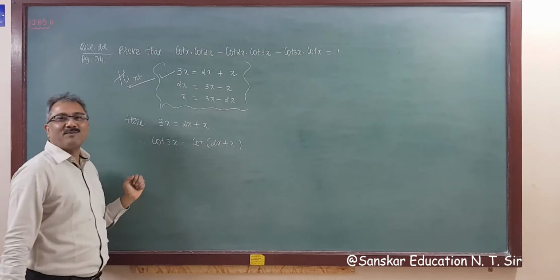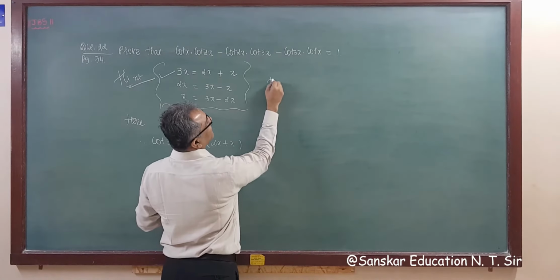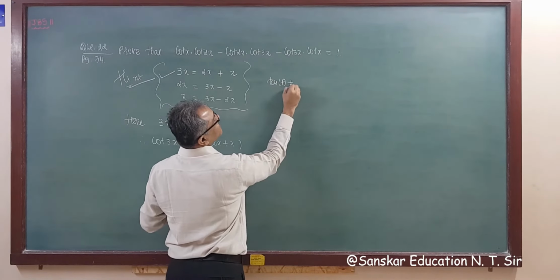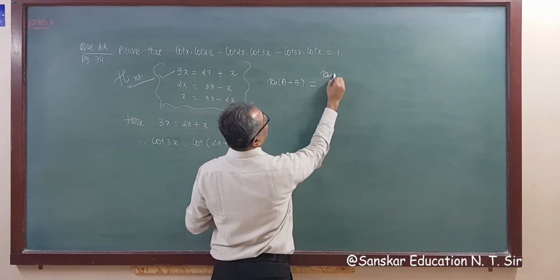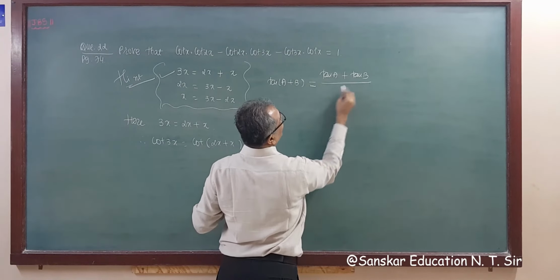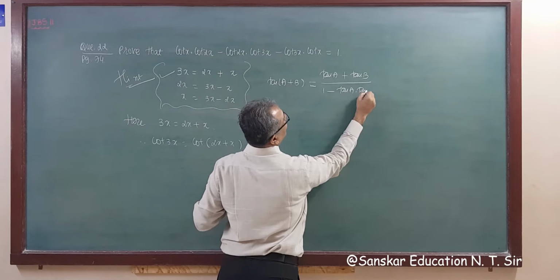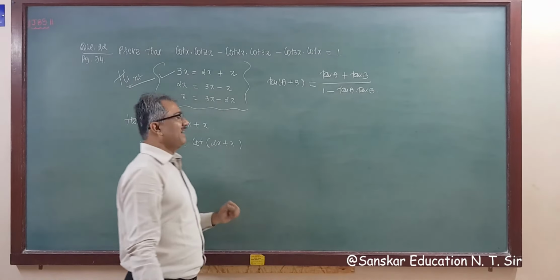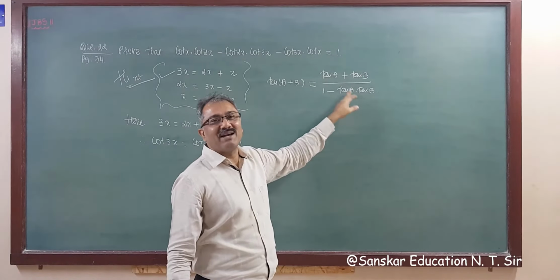And for formula of cot, you have to remember formula of tan. So what is the formula of tan? So tan (A plus B) is tan A plus tan B whole upon 1 minus tan A into tan B. And for cot, you have to start from here, that is cot B cot A minus 1.